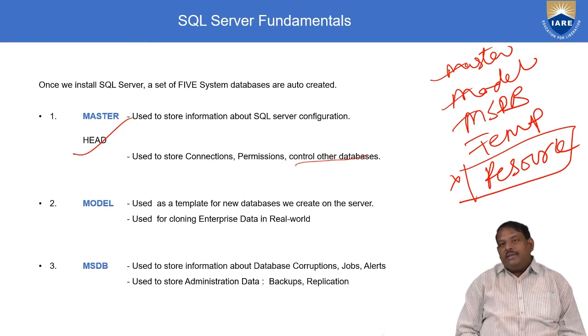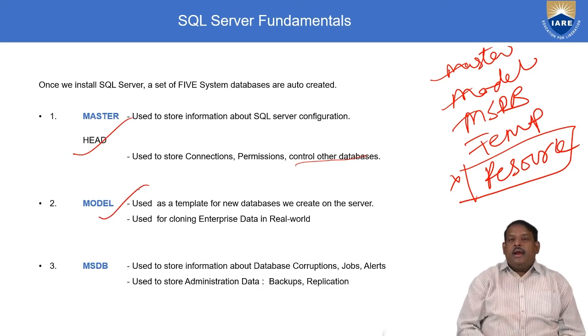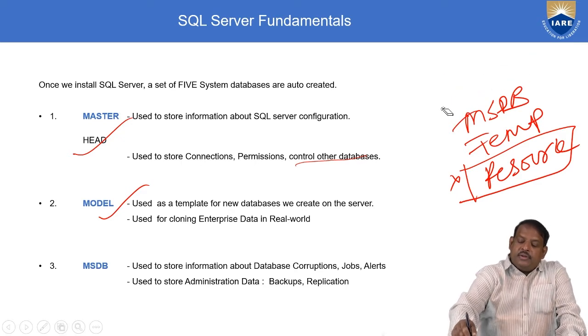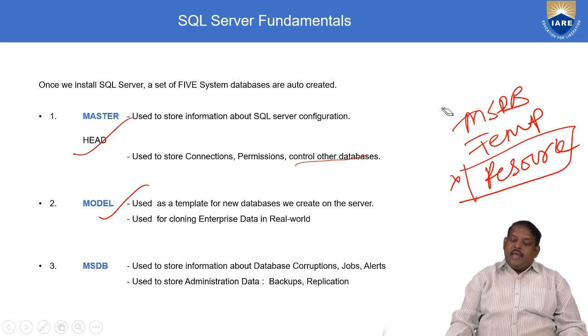So model is like a prototype. It gives us a prototype for creating a new database. And we have MSDB. So we have finished master, and we have also finished model.